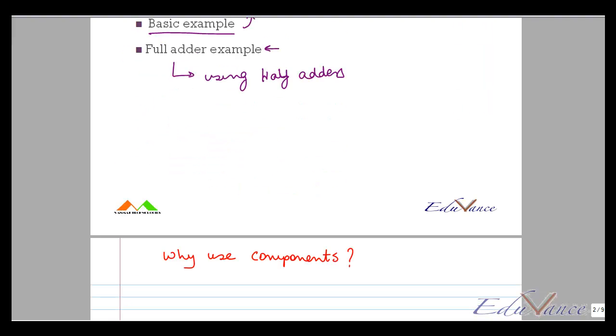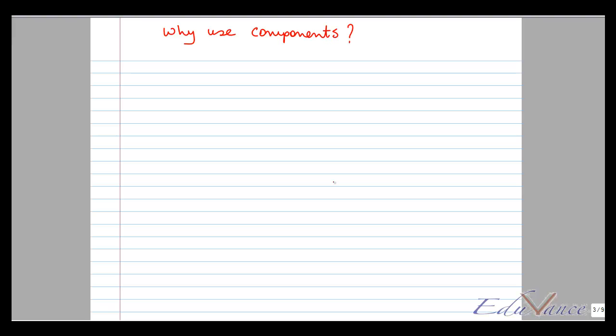So let's begin. Why should we use components? What is the purpose of using this style of programming in VHDL? So first, if I make a design, let's just call it X, which has inputs A, B, outputs C and D. I write this in a VHDL design.